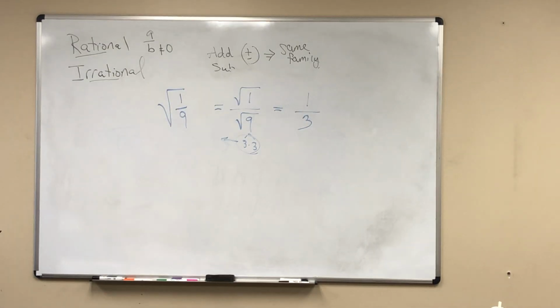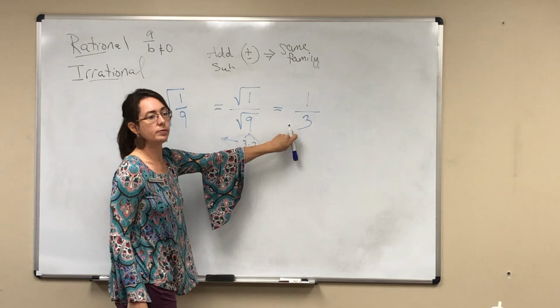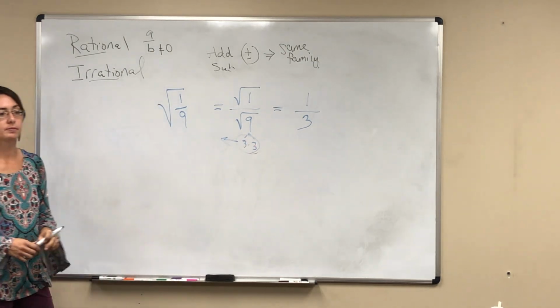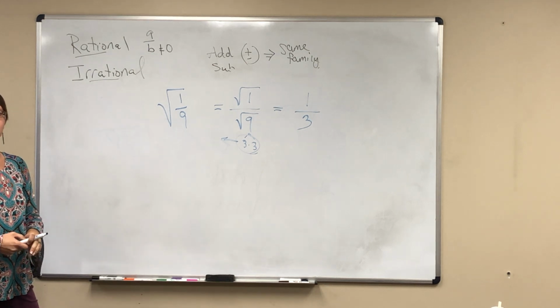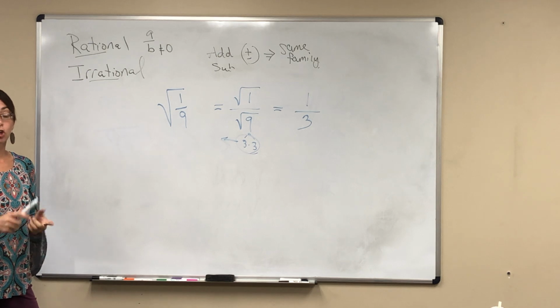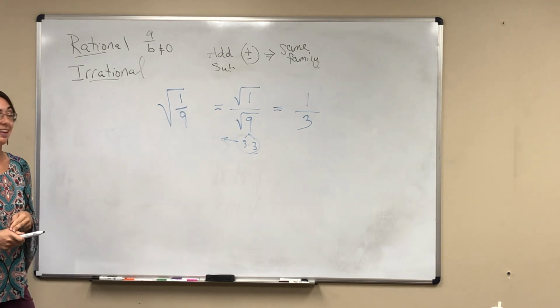Does that make sense? So the square root of 1/9 is 1/3. I thought it's 0.3. Yeah, but it repeats. Remember, terminating or repeating decimals.